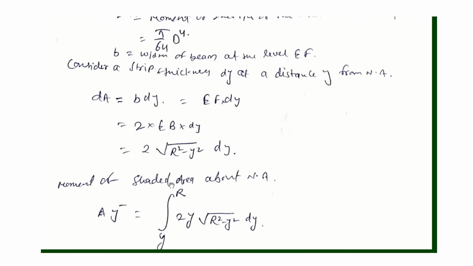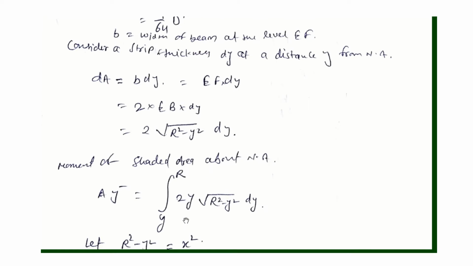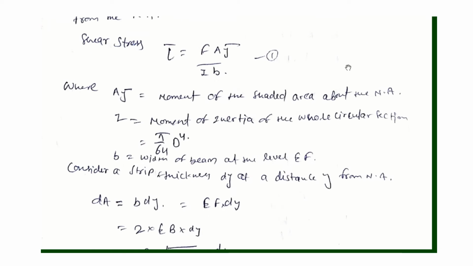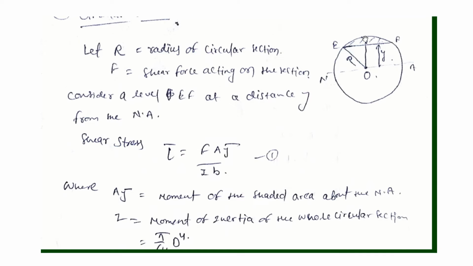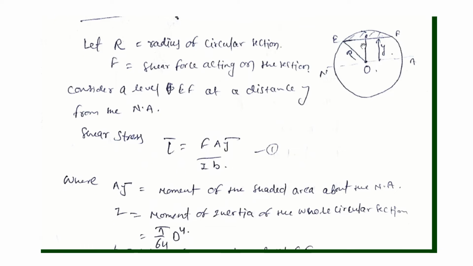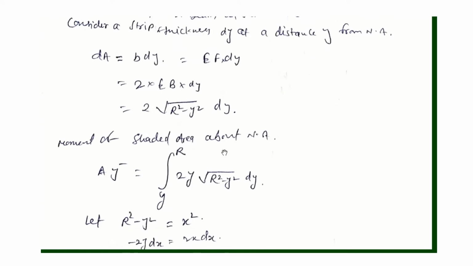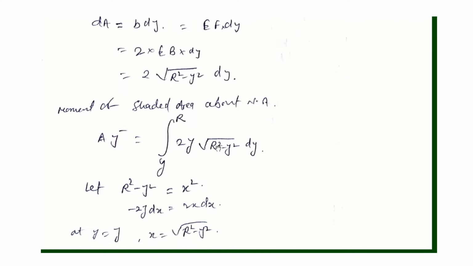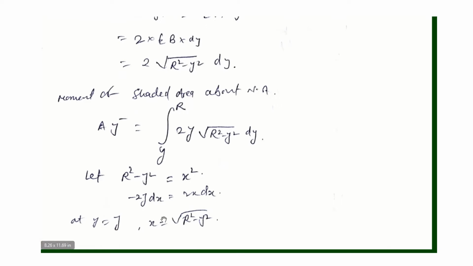So the moment of the shaded area about the neutral axis, from y to r, from that point to the limit r, is the integral from y to r of 2y root of r square minus y square dy. So let r square minus y square be x square. So it will simplify: 2y dy equals minus 2x dx.